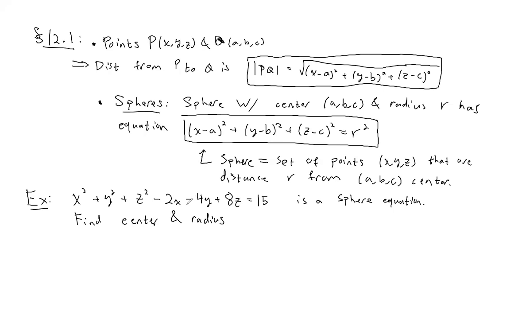And you may look at that and say, well, I don't believe that's a sphere. That looks nothing like the sphere equation. Yeah, that's true, but the idea here is we're going to get it to look like a sphere. So here's the strategy we're going to use.